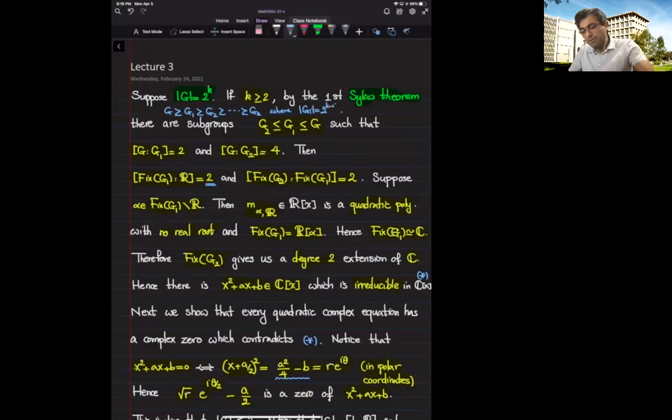So the first Sylow theorem guarantees the existence of these 2-subgroups inside any finite group.